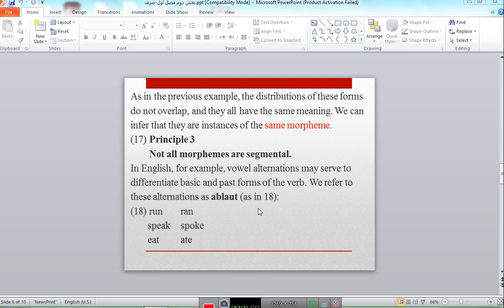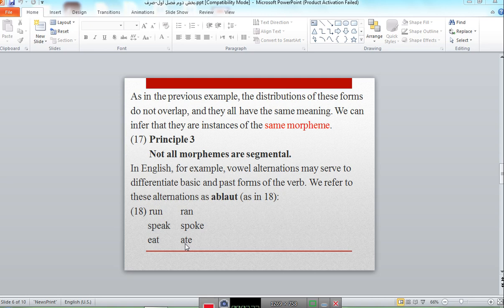In English, for example, vowel alternation may serve to differentiate the basic and past form of the verb. We refer to this alternation as ablaut. Look at this example: run, ran, speak, spoke, eat, ate. We know that there is a past tense marker distinguishing the words in the second column from those in the first.